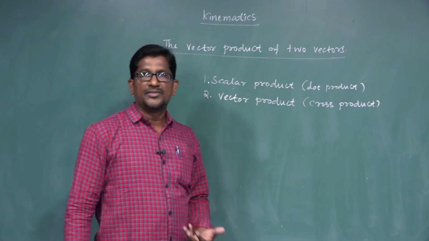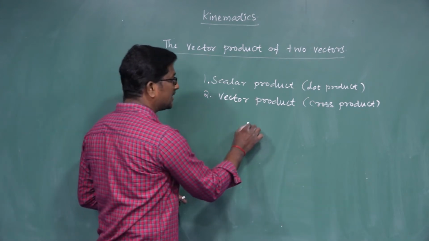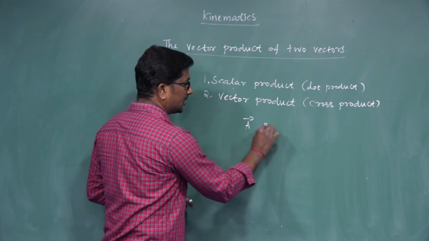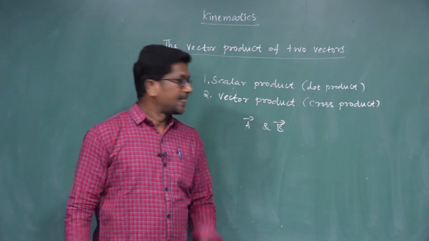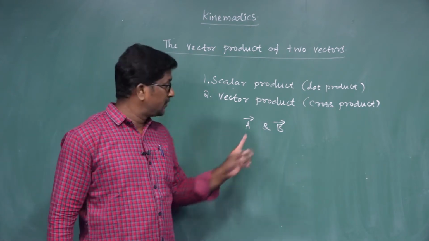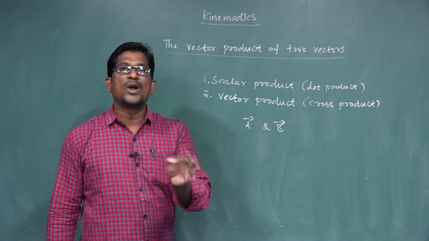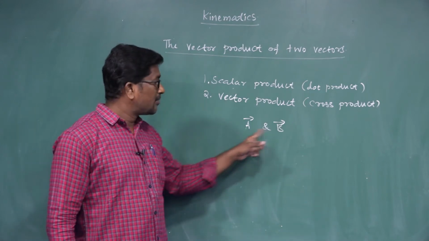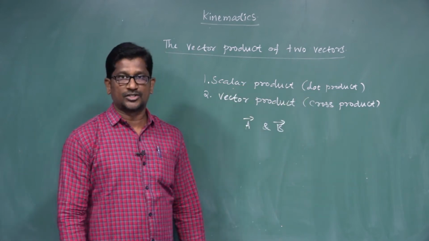What is the difference between these two? Suppose, let us consider two vectors, A vector and B vector. The product of these two vectors gives another quantity which has only magnitude. Then the product of these two vectors is called scalar product or dot product, right?